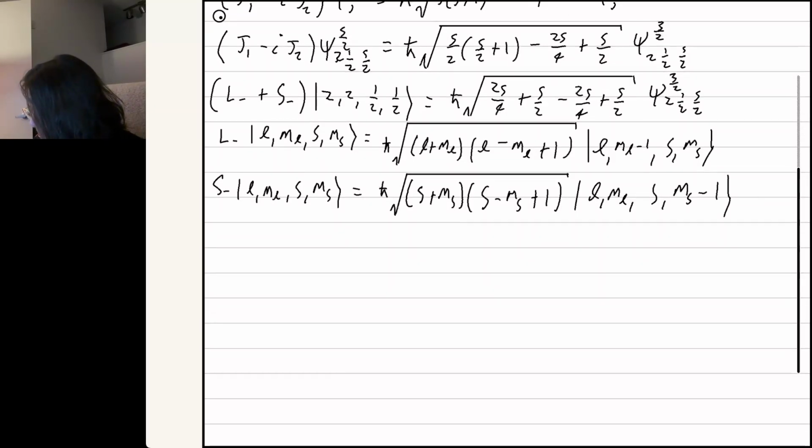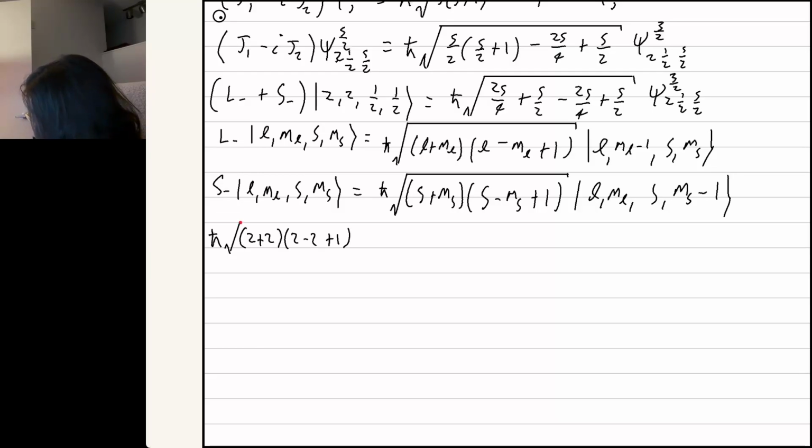Fantastic. So let's plug that into our stuff. For the L operator, under the radical, we'll have a 2 plus 2 times a 2 minus 2 plus 1 term.